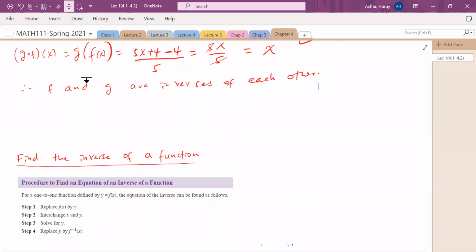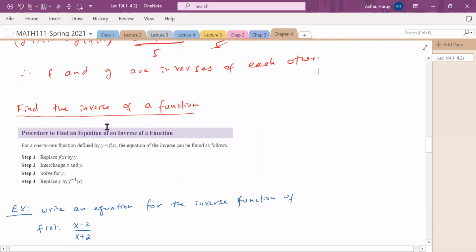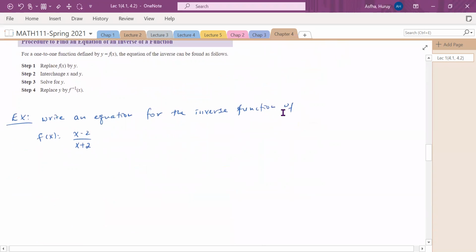But let's say we have a function. Now, how do we find the inverse of that function? So I have this function, and I'm asked to find the inverse of this function. The first thing that we need to do is replace this f of x, changing the function notation to an equation of two variables. So I will replace it by y and write y equals x minus 2 over x plus 2.